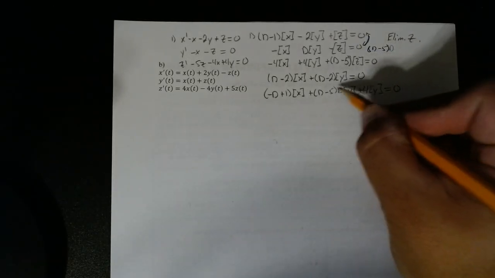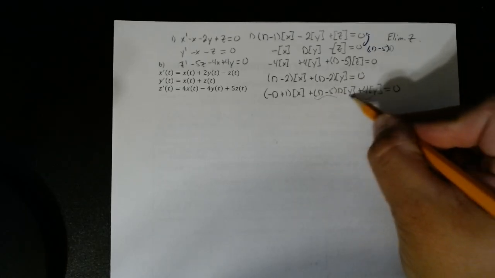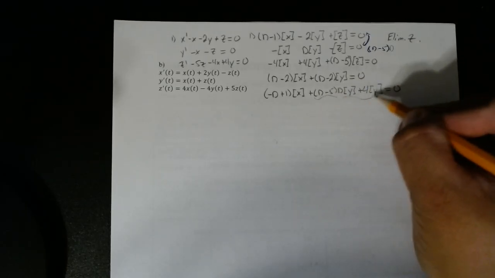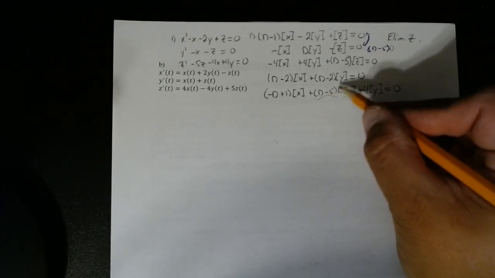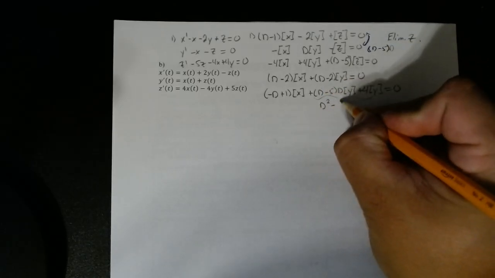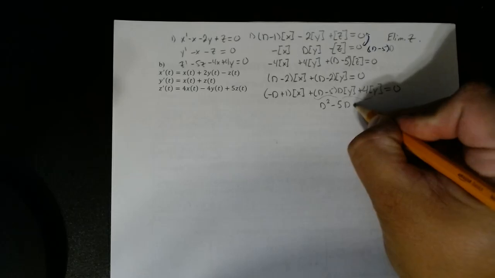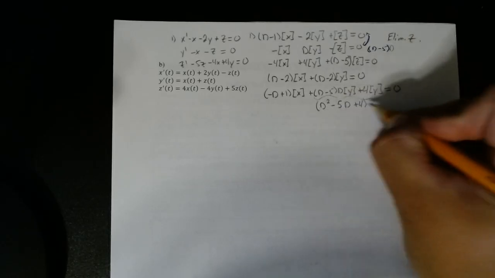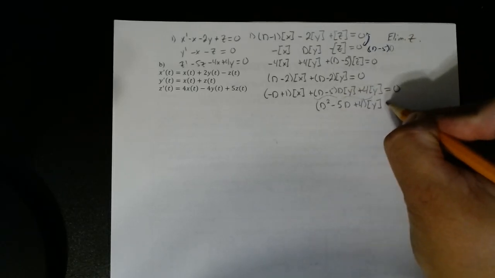So what does this end up looking like right here? This is just for y. Working my way here, this is going to be d squared minus 5d plus 4 with the y there.